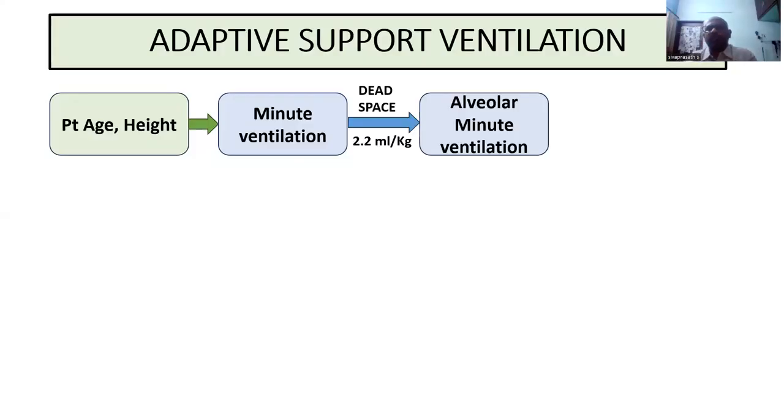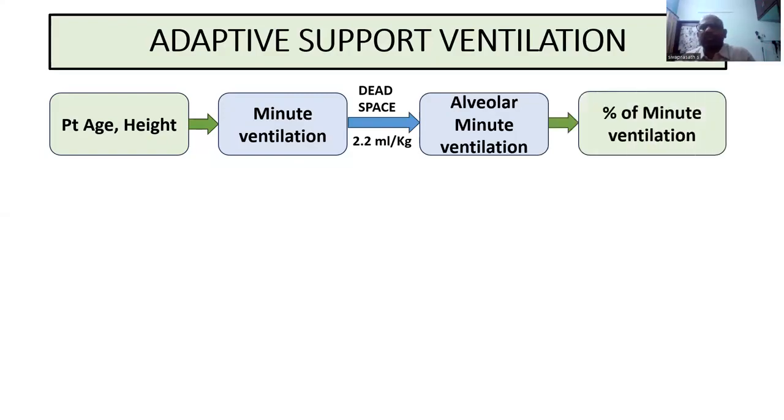It will subtract 2.2 ml per kg for the dead space, and his alveolar minute ventilation is going to be the rest of that. With that, you have to set the percentage of minute ventilation you want to achieve. Suppose you have 100 ml per kg per minute and you want only 70% assistance, you can set 70%.